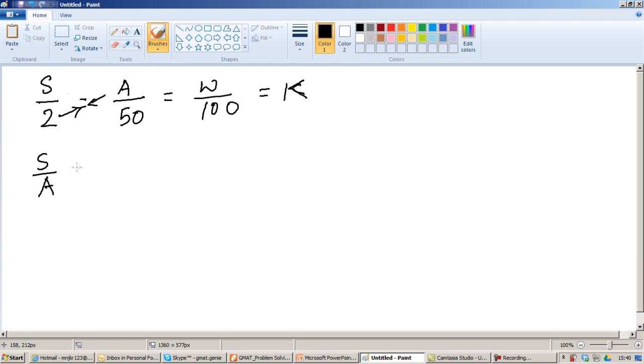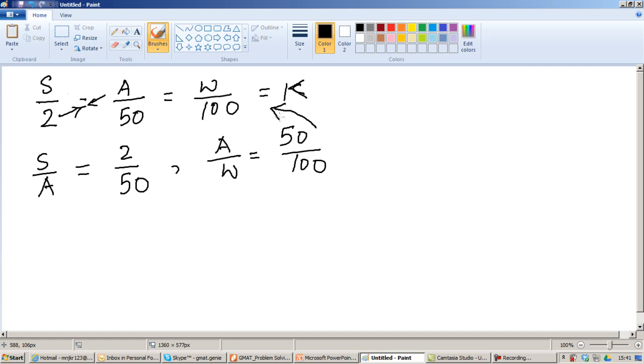So it becomes soap to alcohol equals 2/50. And then the alcohol to water ratio was 50:100. If you bring water to the left, it becomes A/W equals 50/100. This is what the problem was initially given, and from here we derived the above expression.